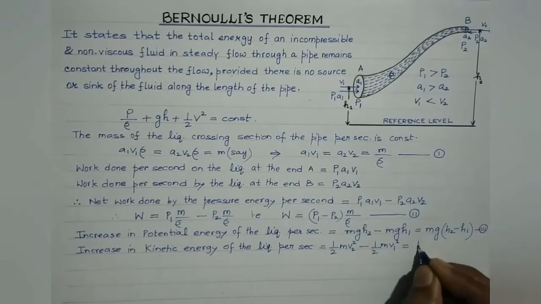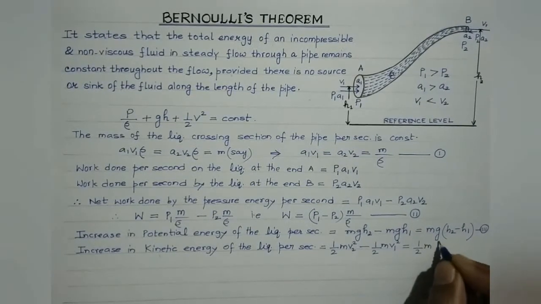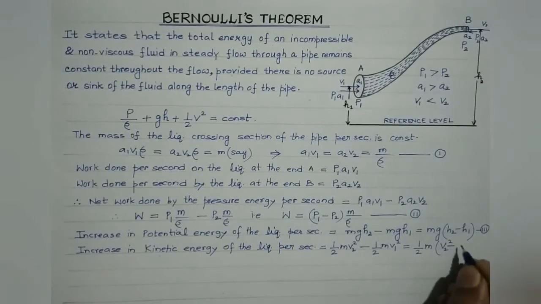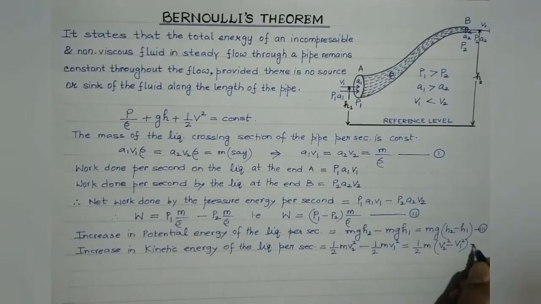So it can be rearranged like this: half m (v2 square minus v1 square). Put this as equation number 4.